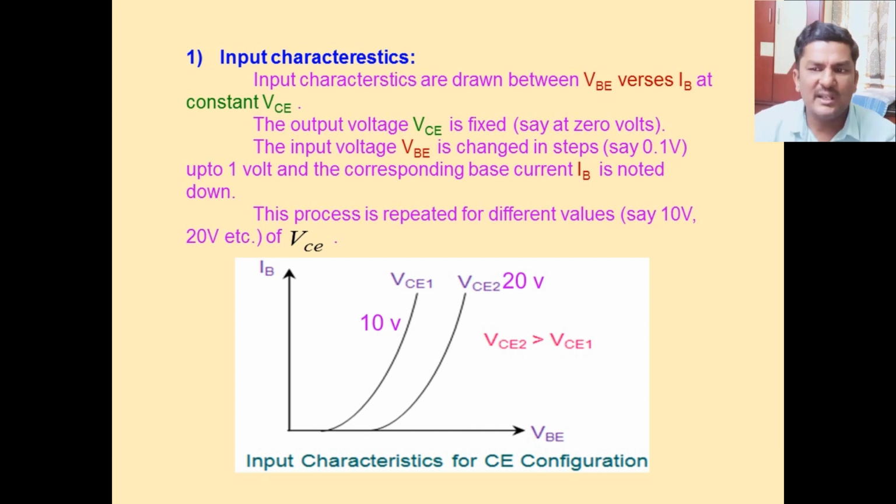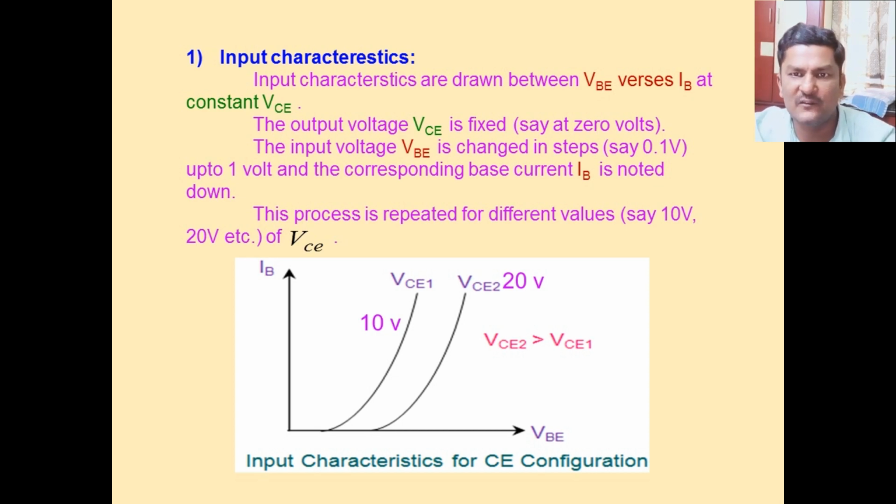The input voltage is changed in small steps, for example 0.05 volt or 0.1 volt up to 1 volt, and the corresponding base current is noted, and the graph is drawn between VBE and IB.